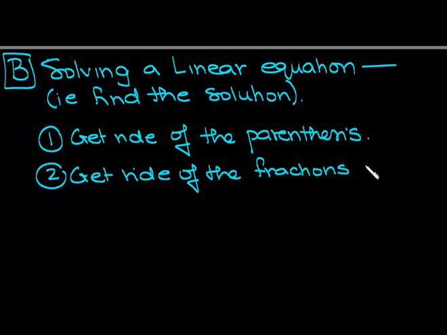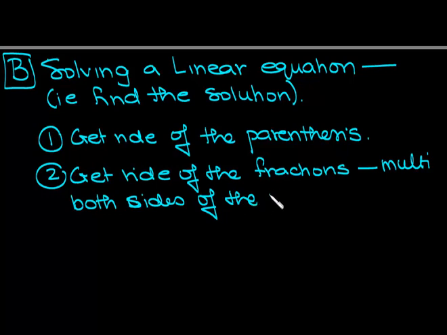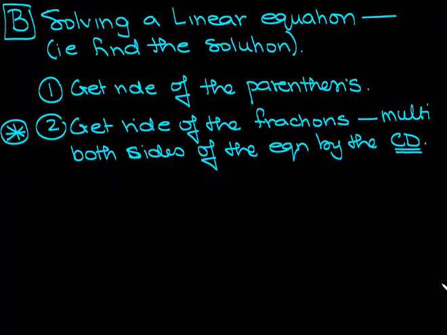To do this, we're going to multiply both sides of the equation by the common denominator, which I'll abbreviate CD. This is an important step that you should always remember, because we'll come across that idea many times.